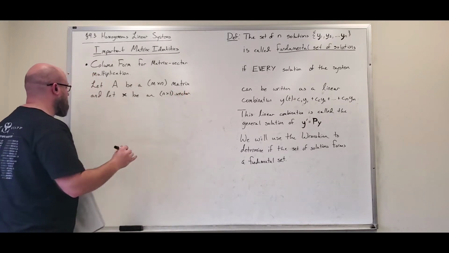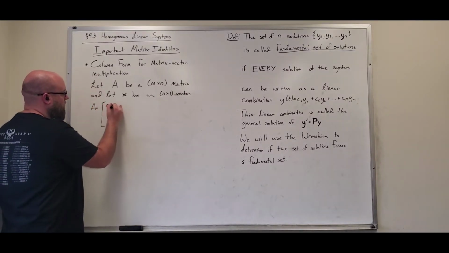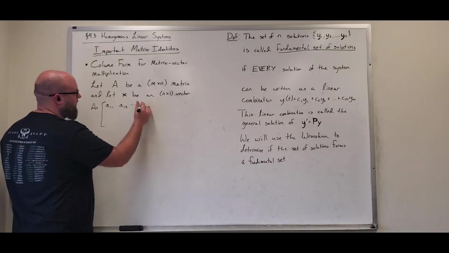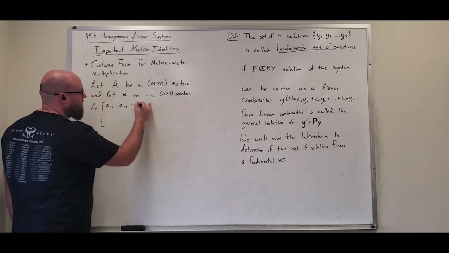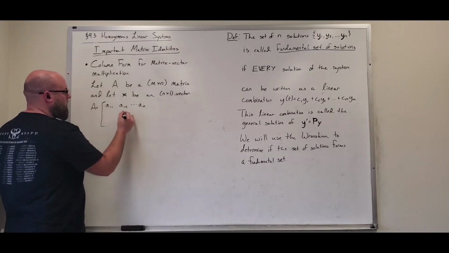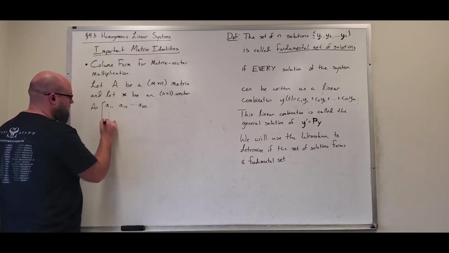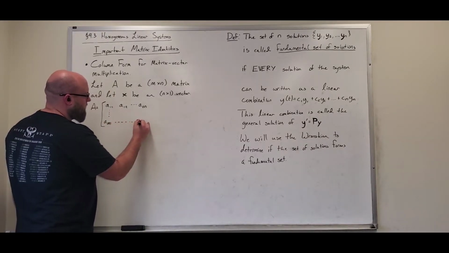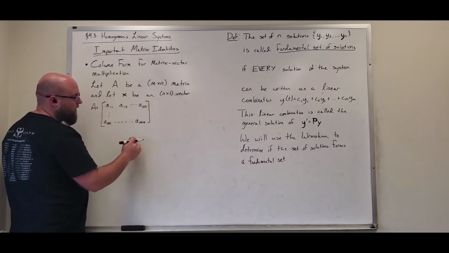All right, so what that looks like is A is going to be in this format: A11, A12, and so forth, up to A1n. And this is going to go down to Am1 because we have m rows, all the way over to Amn. So number of rows, number of columns.